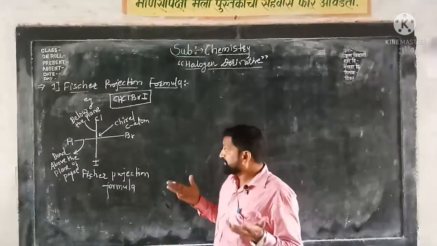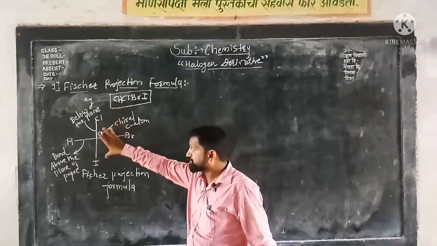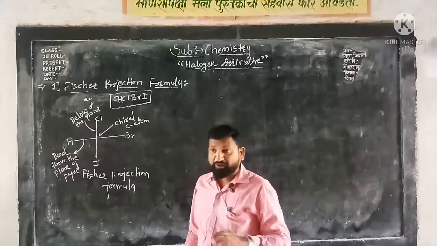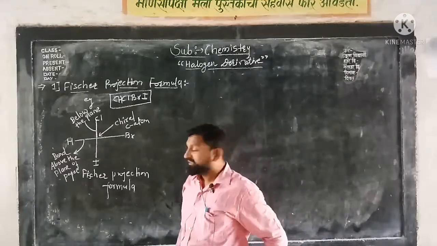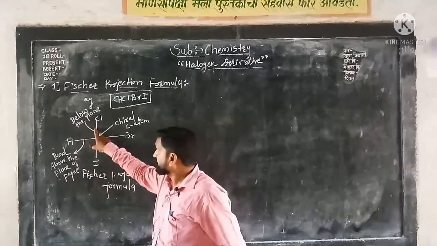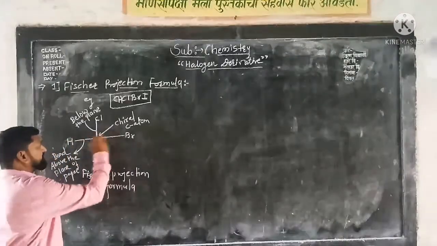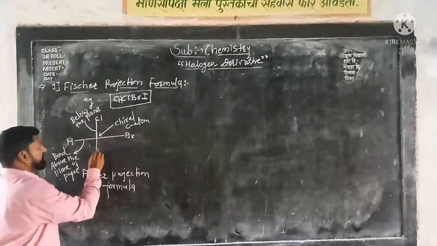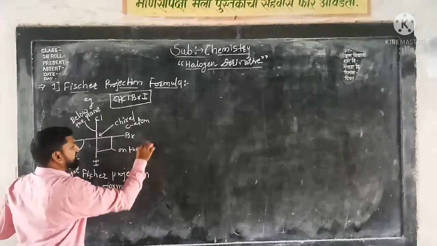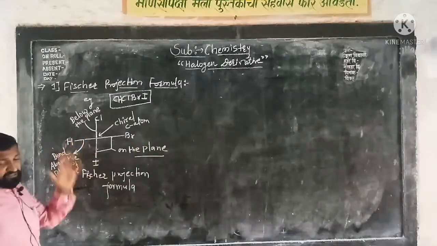Actually we can't predict what is there, but by having this figure, this formula, this rule, we can decide which one is like what. So this is the bond which is above the plane of the paper, this is the bond which is below the plane of the paper, and these two bonds are on the plane of the paper. So this is about the Fisher projection formula.